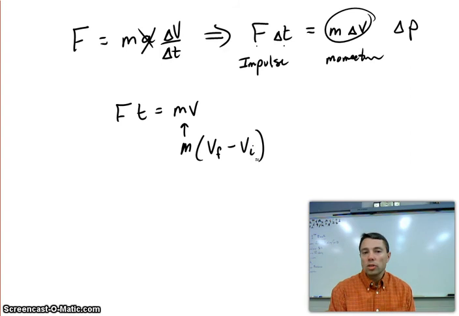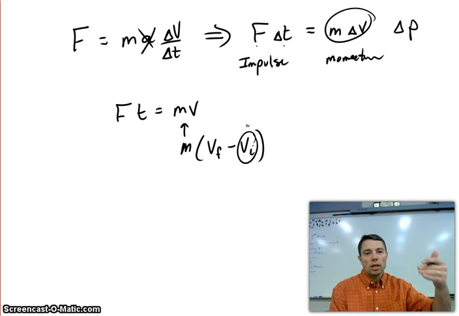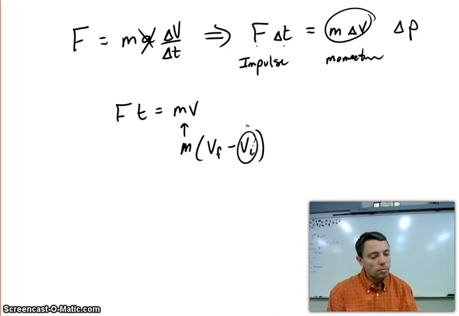In most situations that we dealt with, an object at rest is changing its momentum. But we do have the possibility of the object being in motion, and then we change its momentum again, okay? So in other words, we see a baseball coming at us, and then we hit the baseball back the other direction. Okay, that's a big change in the momentum.